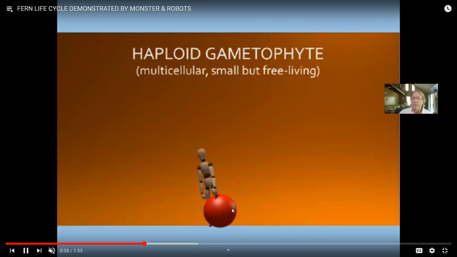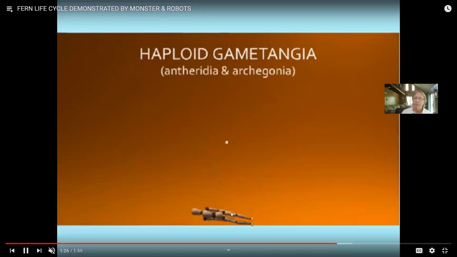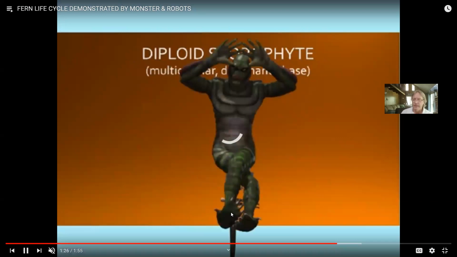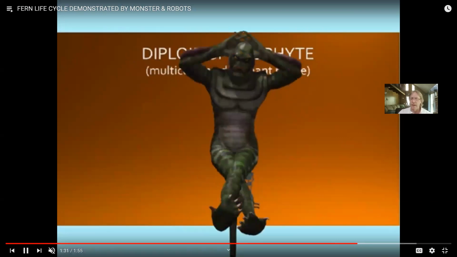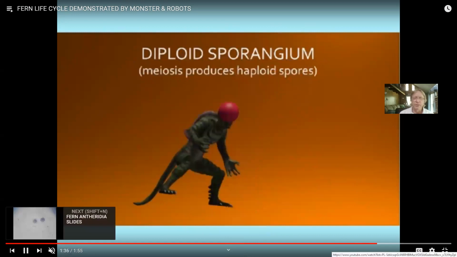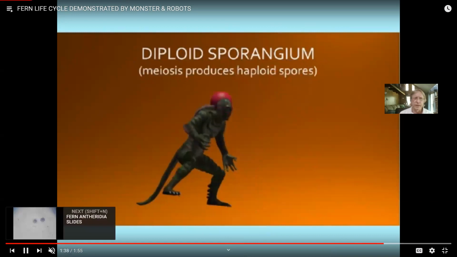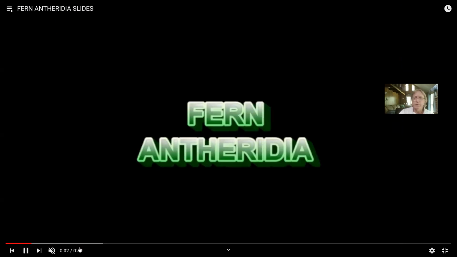And then from the fertilized archegonium, now the sporophyte develops, which is the dominant phase of the life cycle. Somewhere in the sporophyte, then meiosis would occur in a diploid sporangium, and then haploid cells would result. Okay.